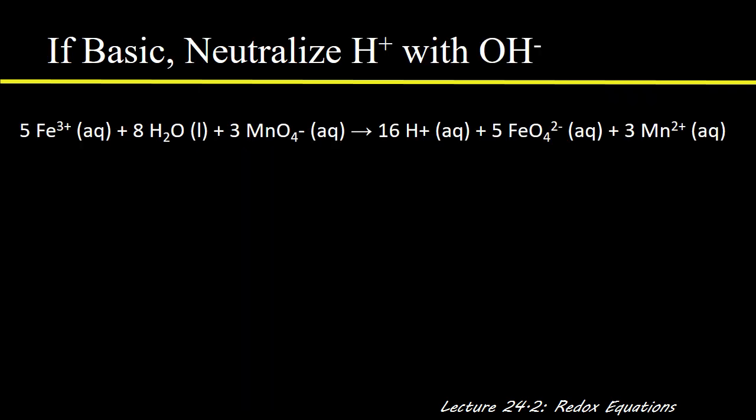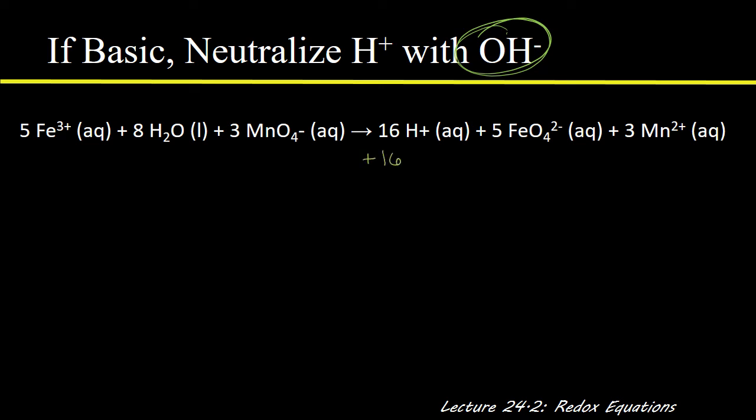All right. Now, to balance under basic conditions, the easiest thing to do is to just go ahead and balance it under acidic conditions and then do a conversion at the end. And the way we're going to do that conversion is by adding enough hydroxide ions to neutralize all of the hydrogen ions. And you can see here we've got 16 hydrogen ions on the product side.